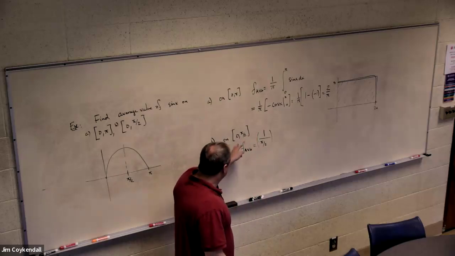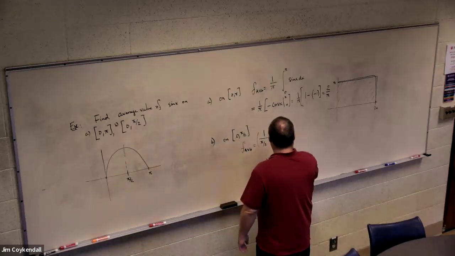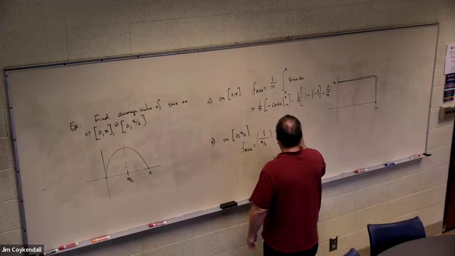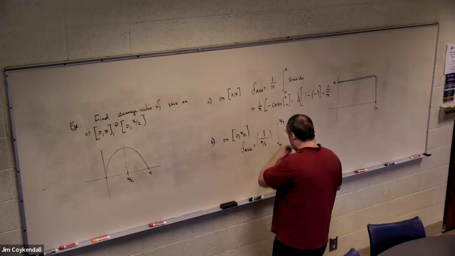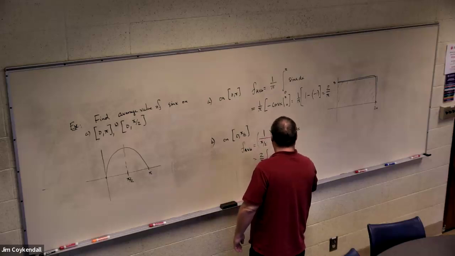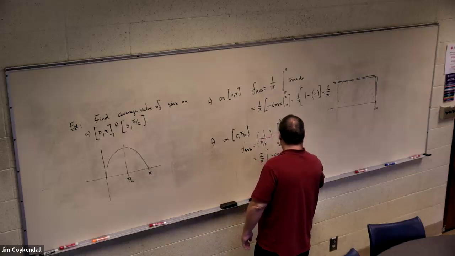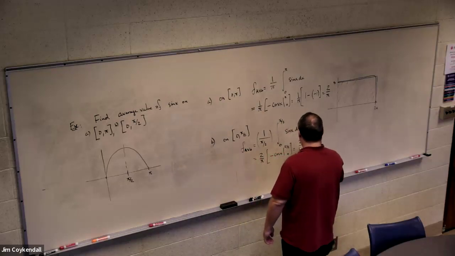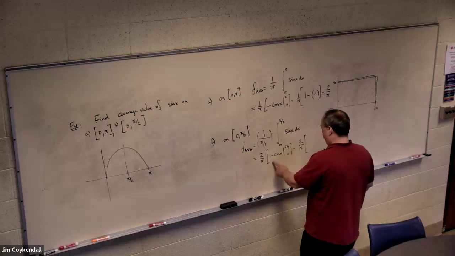Now the interval is only 0 to pi over 2. So it's 1 over pi over 2, times the integral from 0 to pi over 2 of sin x dx, which is 2 over pi times minus cosine x evaluated from 0 to pi over 2.